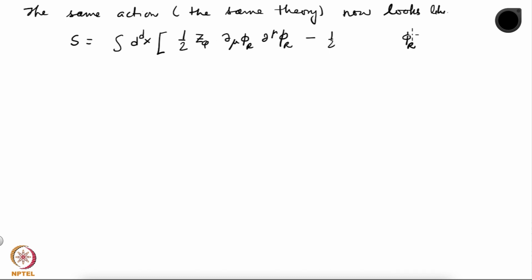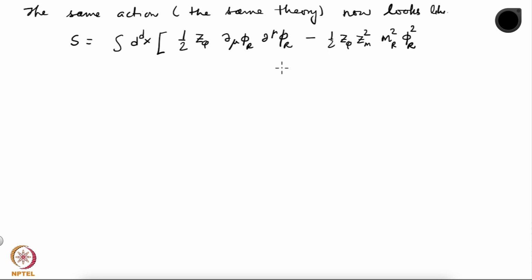When I write phi in terms of phi r, it becomes phi r square, and it will bring a factor of z phi. Then you have m square, and when you write it in terms of m r square, it will bring a factor of z m square, because z m times m r is what is m. So the square of it gives you z m square m r square.